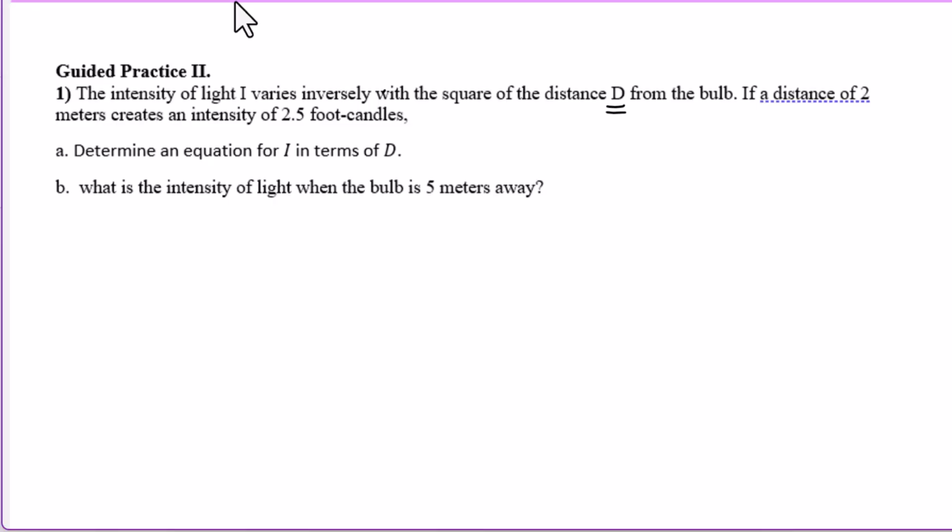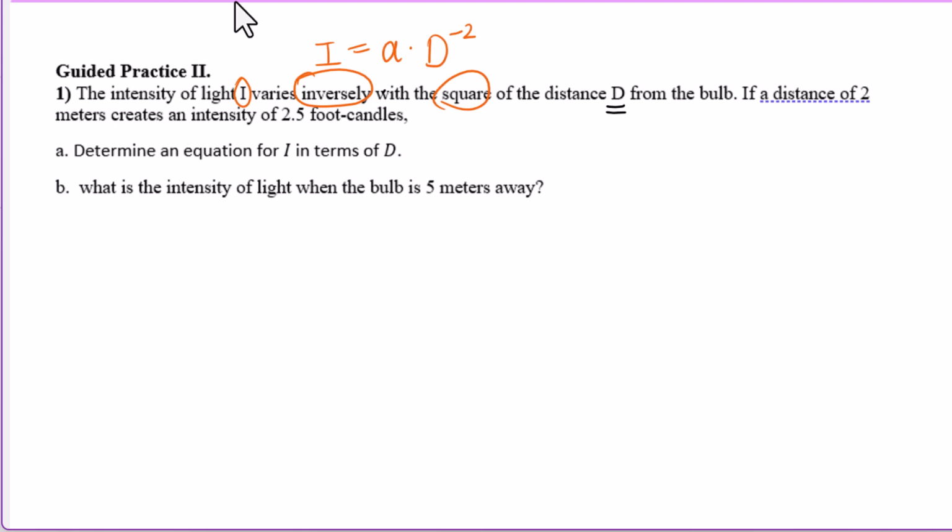The practice 2. The intensity of light, I, varies inversely with the square of the distance d from the bulb. Inversely means negative exponent. So we have d to the negative second power. I equals a times d to the negative second power.